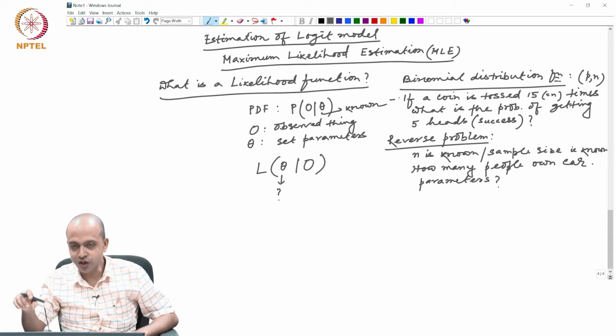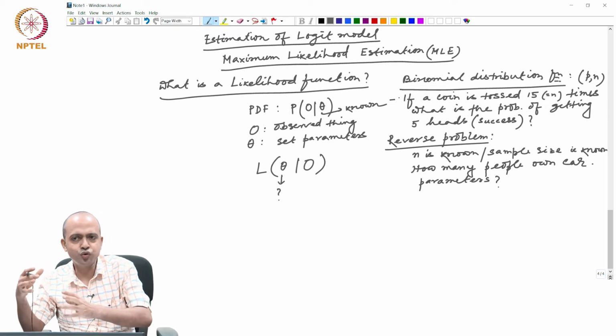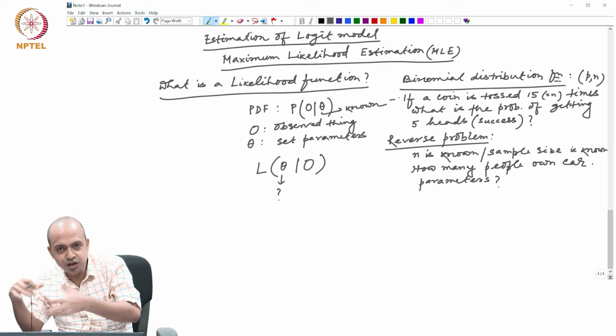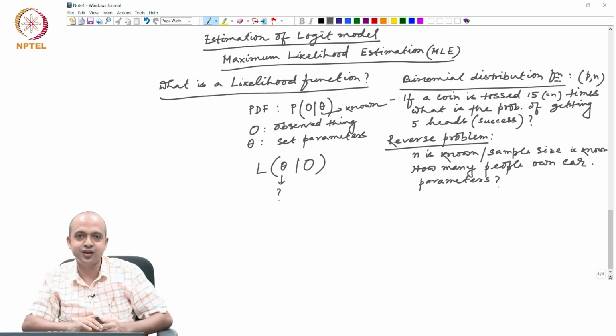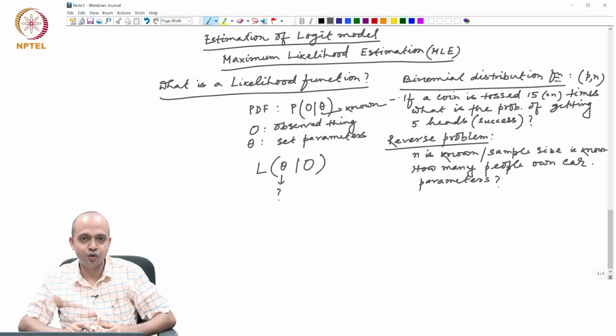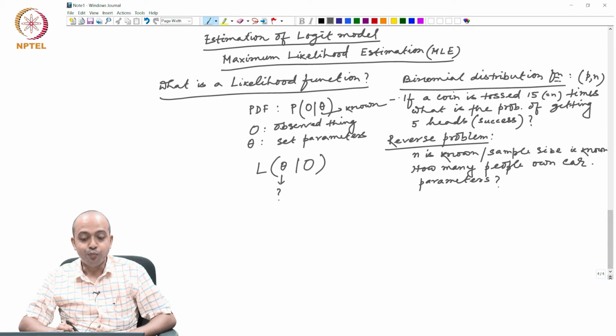In likelihood function, I would like to get the parameter, because a set of parameters will only define the PDF, so that I can observe that sample with maximum probability. That is why it is called maximum likelihood function.